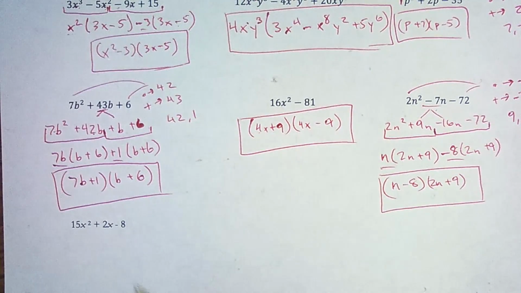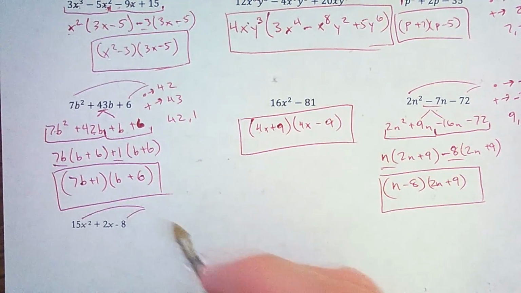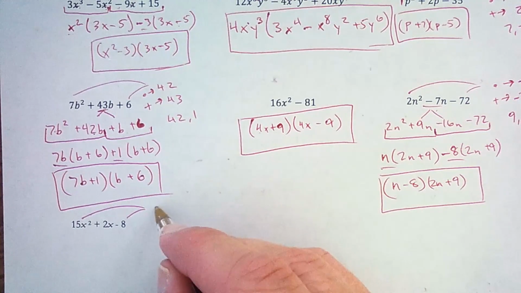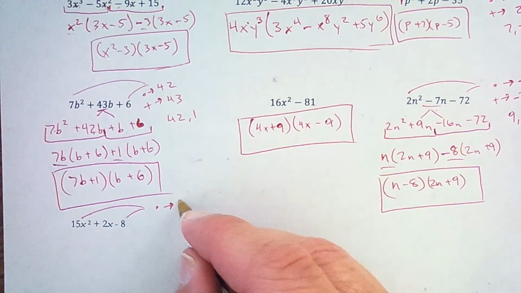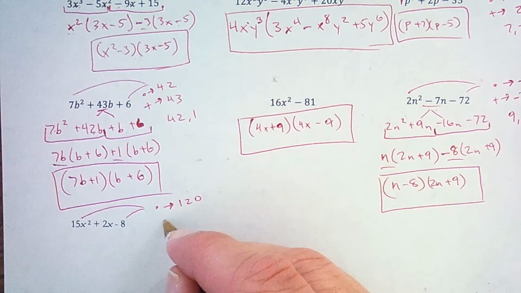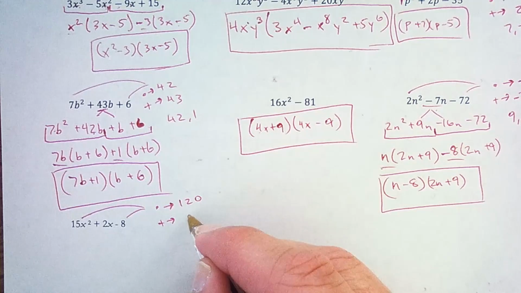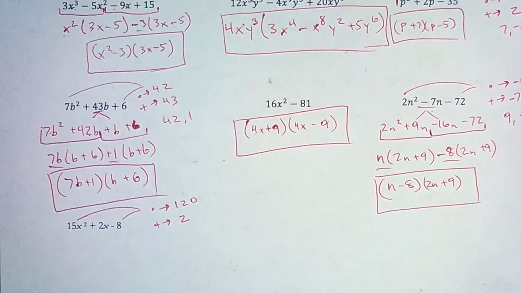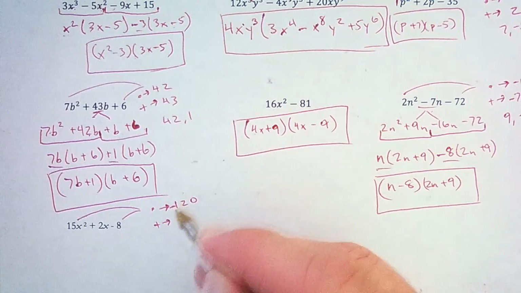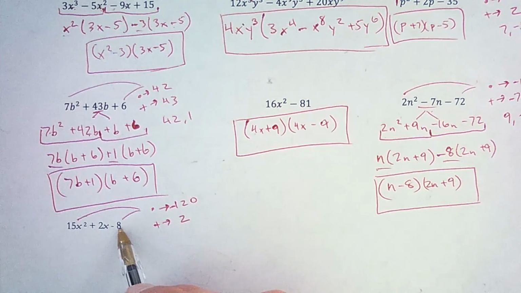And we'll do one more like that. 15 times 8 is what we have to multiply to. And that's actually a negative 120 because it's 15 times negative 8.